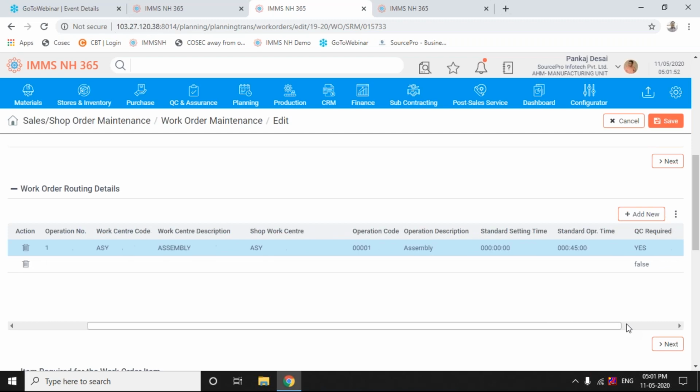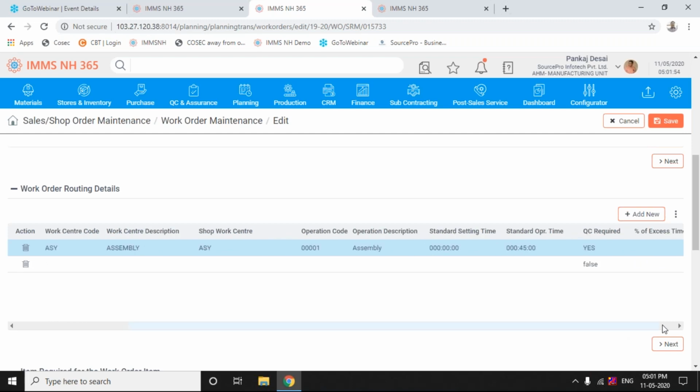Right? And at the end of this operation, do I require QC? So that is production QC, which is very important. A couple of minutes back, what we saw was the QC for the incoming material. Here we are talking of the production stage-by-stage facility that we have built in as a part of the system to define quality.